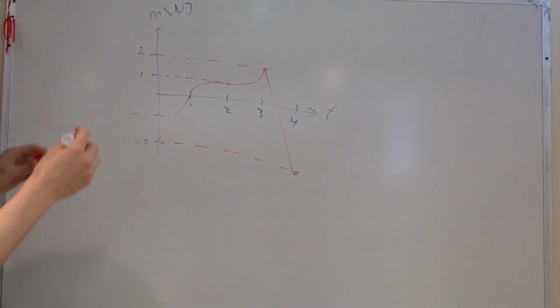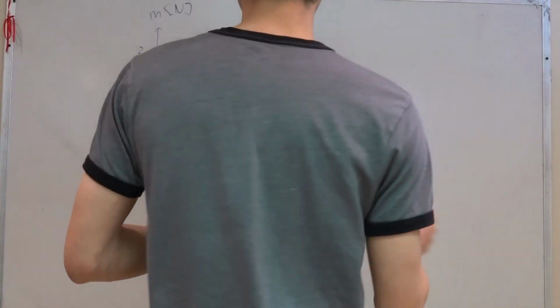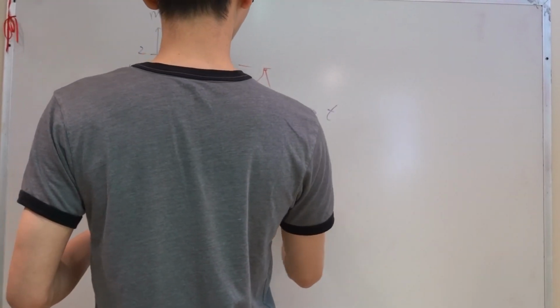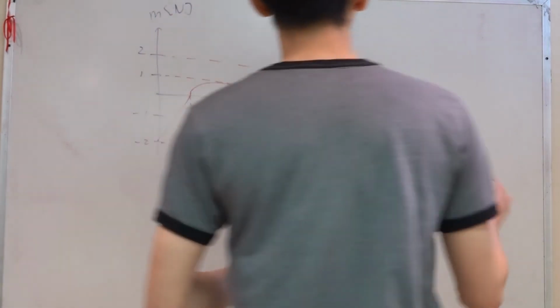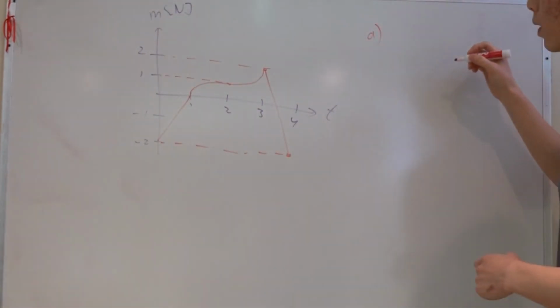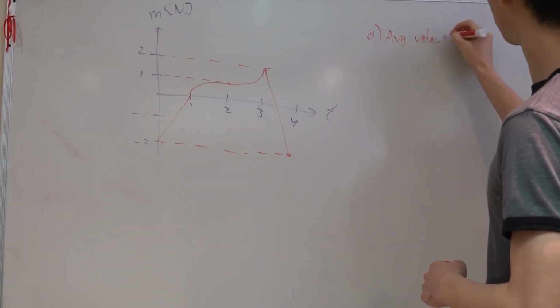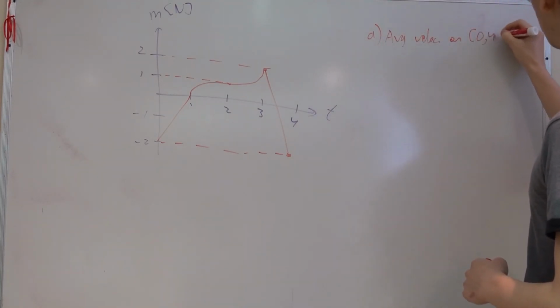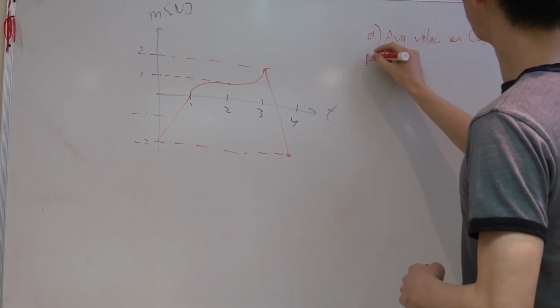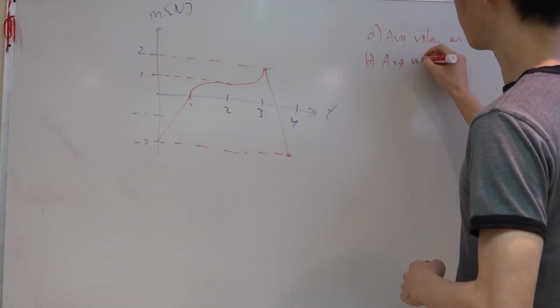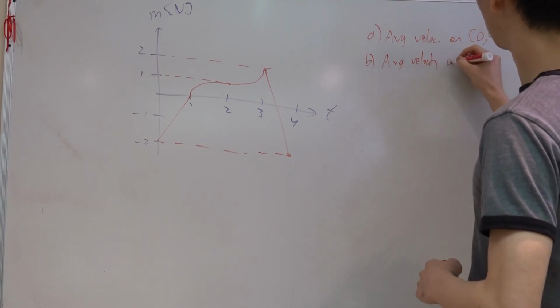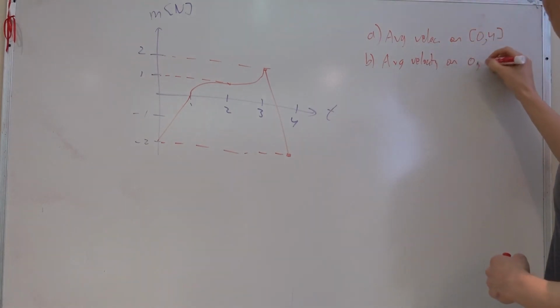Okay, all right. So the questions I want to ask, whoa, that is a very crooked line. The questions I want to ask are, firstly, what is the average velocity on the interval 0 to 4? Then average velocity on 0 to 3.